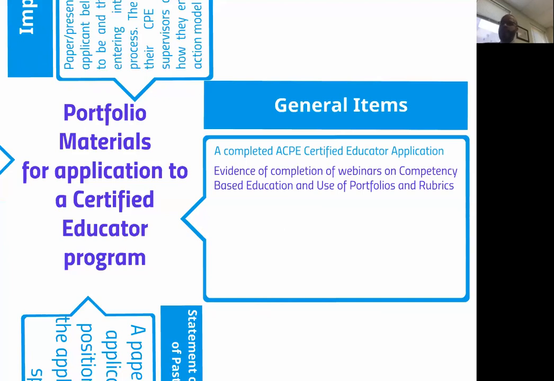They should be able to demonstrate evidence of having completed the webinars on competency-based education, the use of portfolios, and the rubrics. As I said earlier, documentation of meeting the criteria outlined in Standard 403.